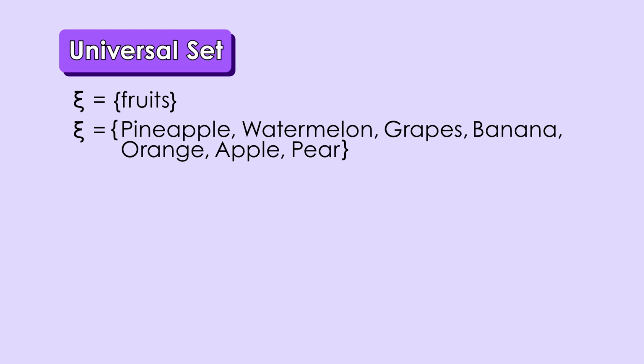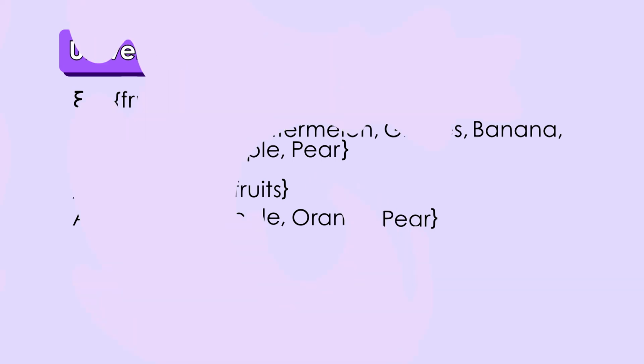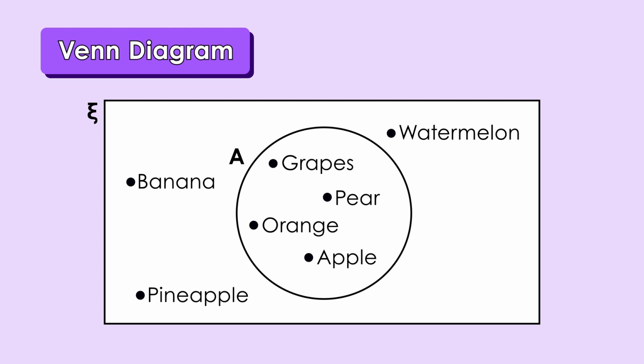Let's say set A represents all the imported fruits. Hence, the elements of set A are grapes, apple, orange, and pear. We can represent this information in a Venn diagram. This is how the Venn diagram representing this information looks like.